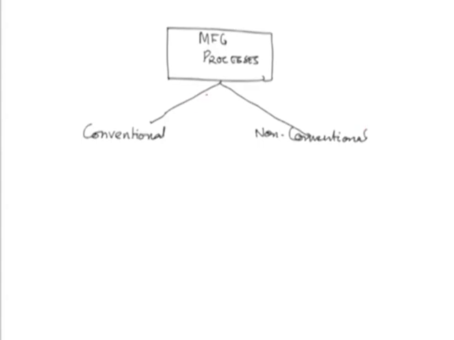This is based on, we can say, energy used. Now, in the conventional, basically the forms of energy used are mechanical and electrical, which are most common in almost all material processing techniques.